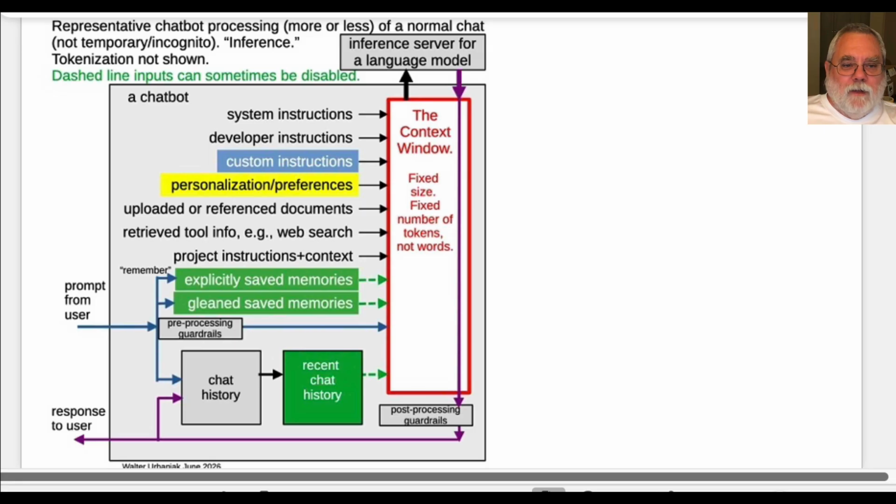Some tools have a developer mode and developer instructions, which we will not cover, but system instructions are higher priority than developer instructions, which are higher priority than user prompts. However, the instruction hierarchy system is learned behavior by the language model, not deterministic code. I will give you a link to Chatbots Explaining System Instructions.